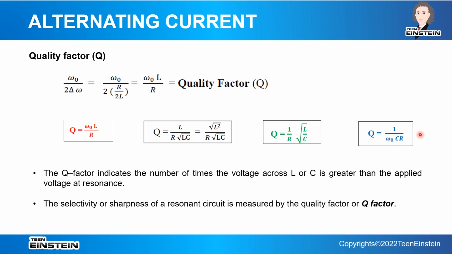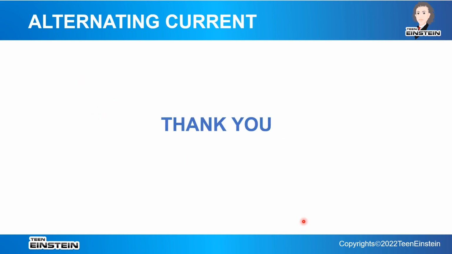If you look at this, the quality factor depends on all three component values, L, C and R. So the Q factor indicates the number of times the voltage across L or C is greater than the applied voltage at resonance. The selectivity or sharpness of a resonant circuit is measured by the quality factor or Q factor. So this is nothing but the sharpness factor that is measured by the quality factor. So we'll stop here. Thank you.